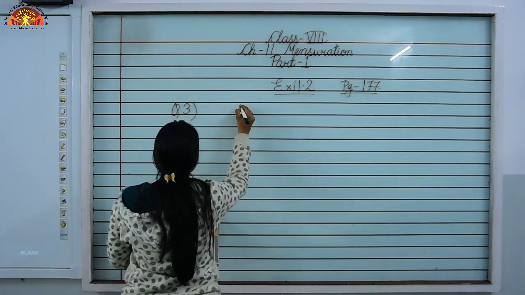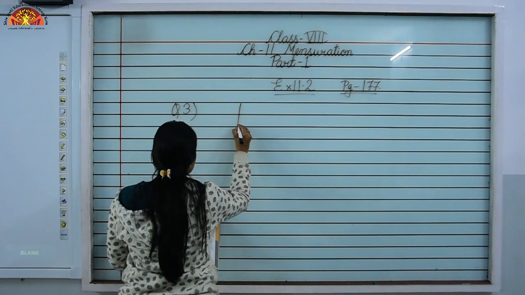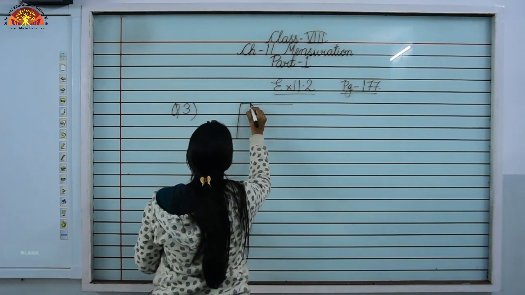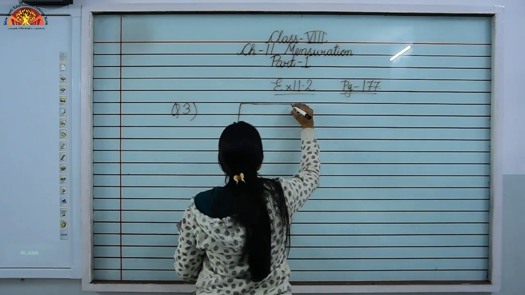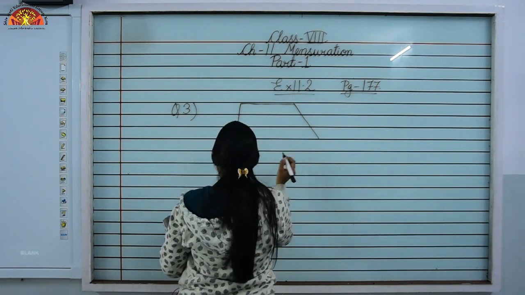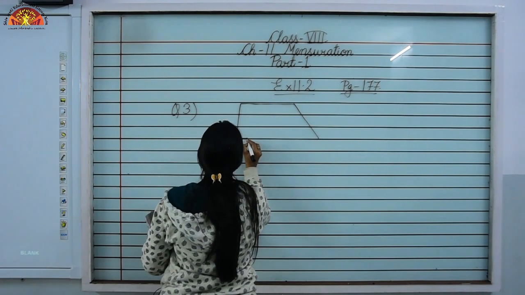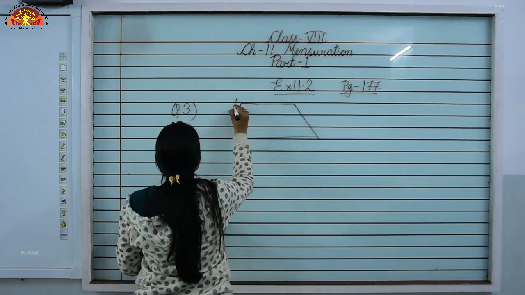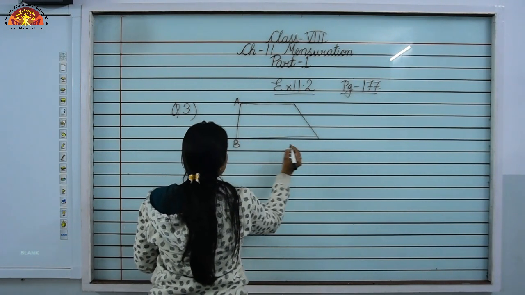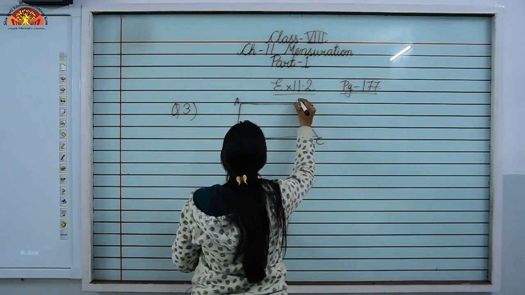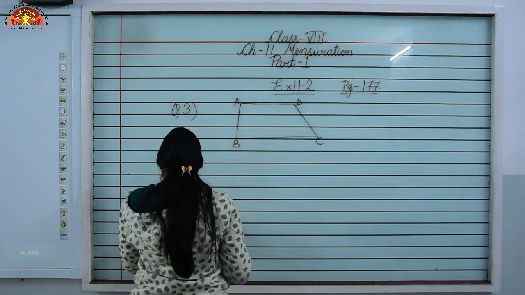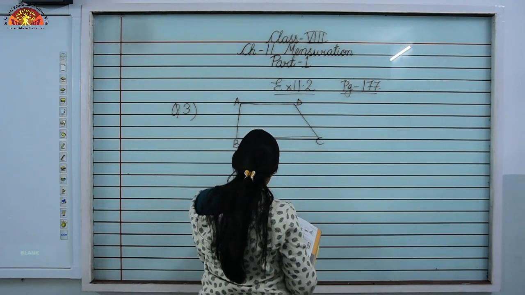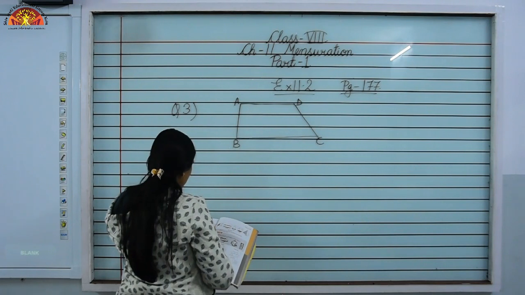So figure is this is the figure. Just mark it as ABCD, A, B, C and D. Now it is given to you perimeter of a trapezium is 120 meters and the measurement of the sides is given to you.